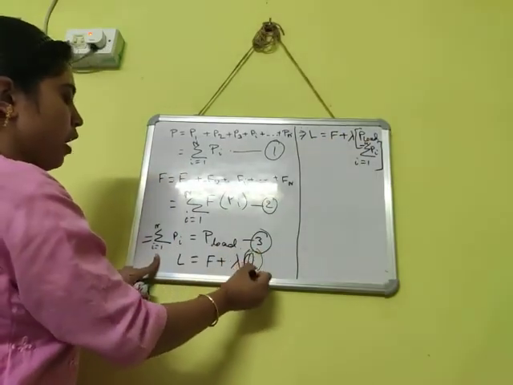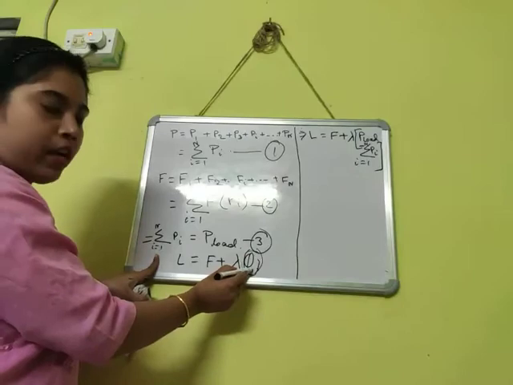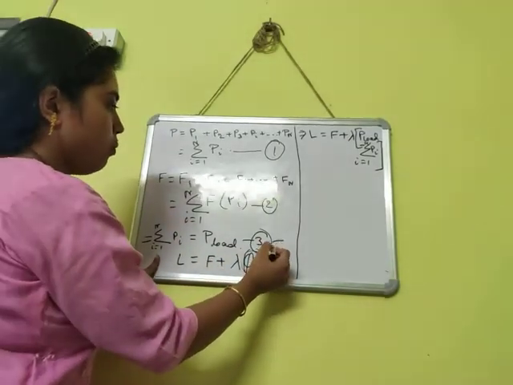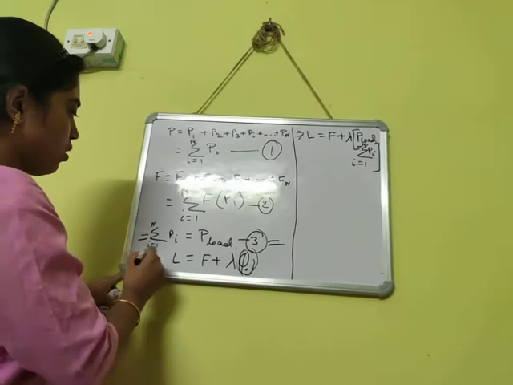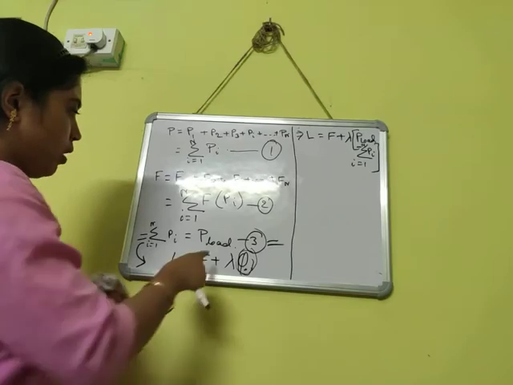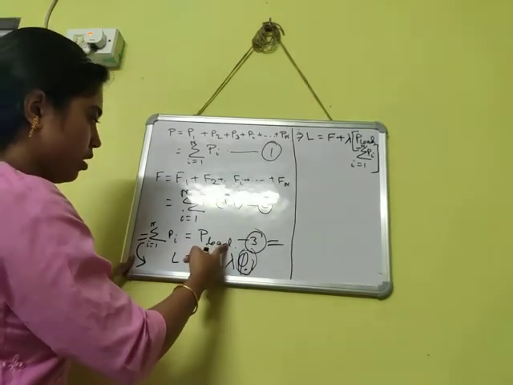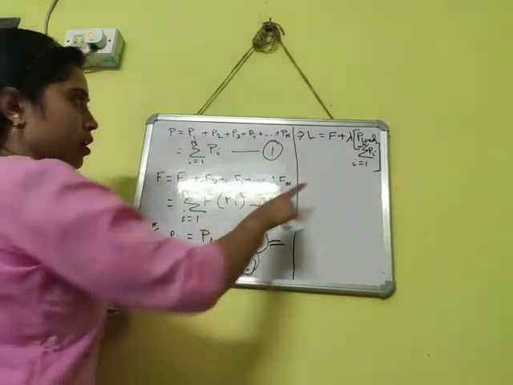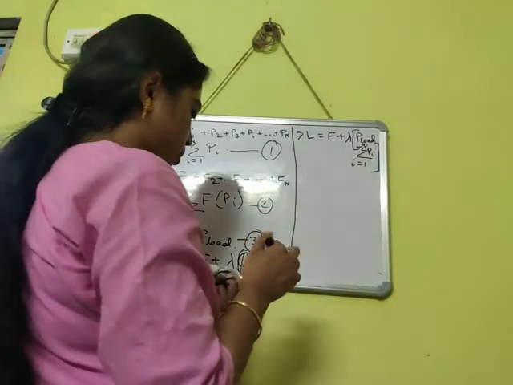In place of phi, as this is the constant, in place of that constant part we put equation number 3, just arranging it like that: P load, that means right hand side, minus generation, summation i equals 1 to n Pi. That thing I already know.